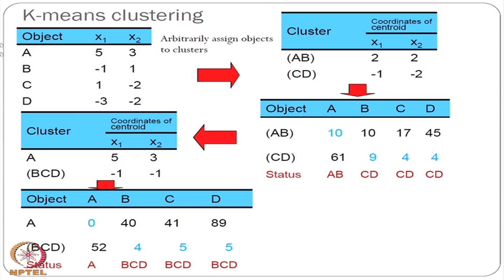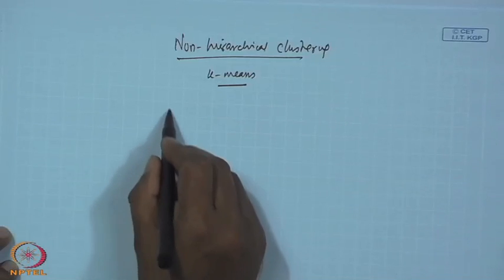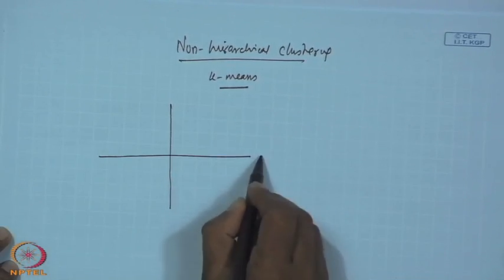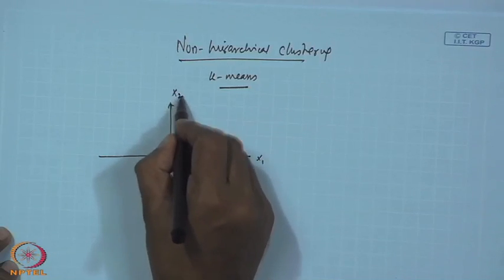You see this example. Here there are 4 objects A, B, C and D, and you are measuring using 2 variables x1 and x2. The coordinate values are: for A 5, 3; B minus 1, 1; C 1, minus 2; D minus 3, minus 2. Pictorially, I have x1, x2.